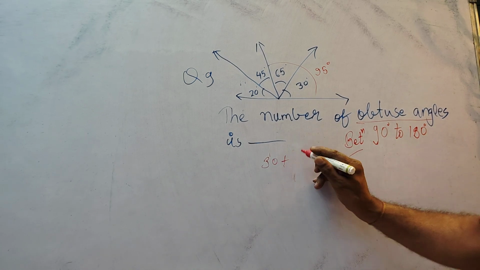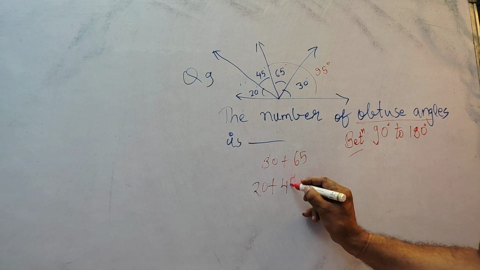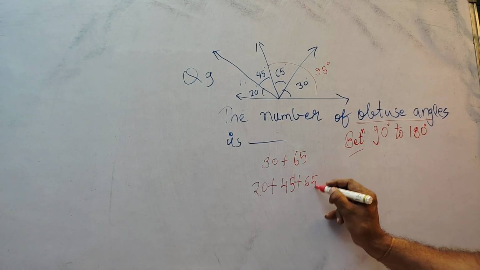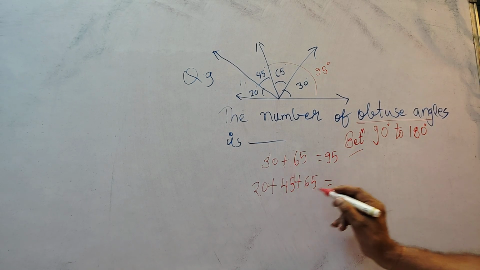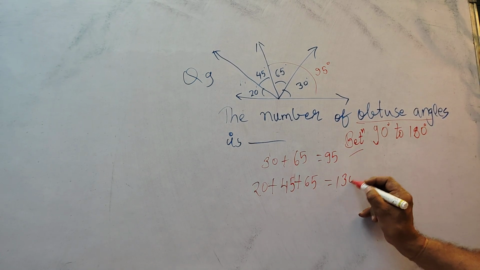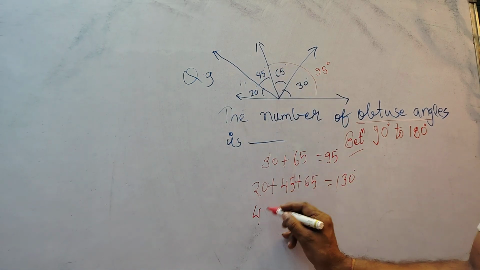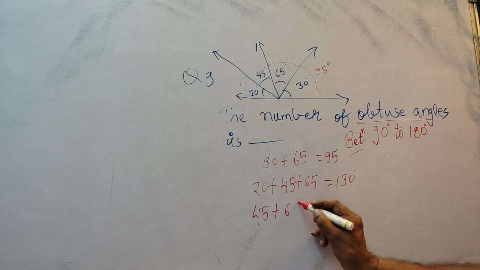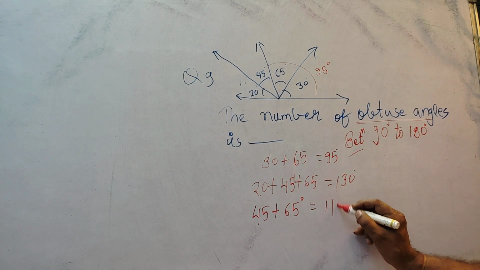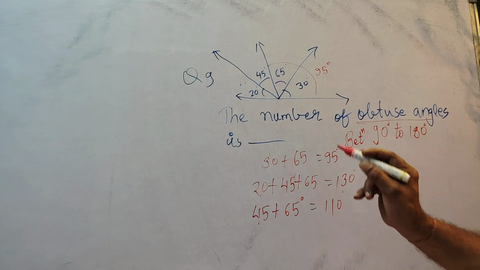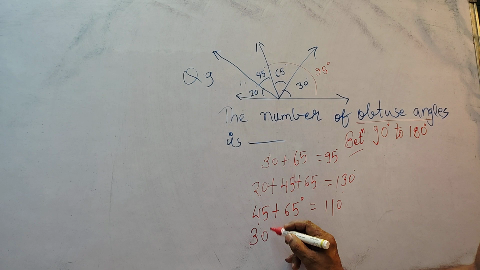And then you can see 20 plus 45 plus 65, which is 130. Now the third one is 45 plus 65. This makes 110. And we can say 30 plus 65 plus 45 also.